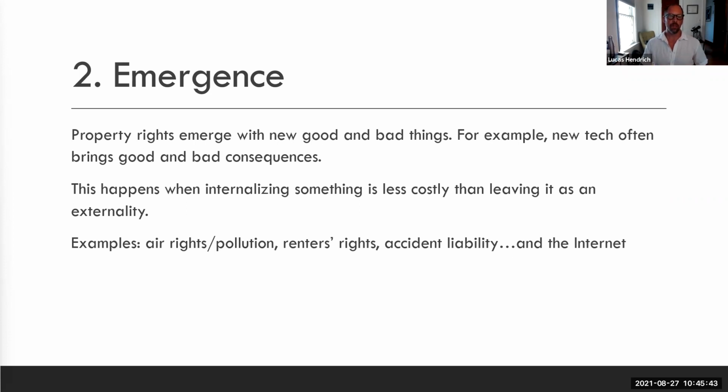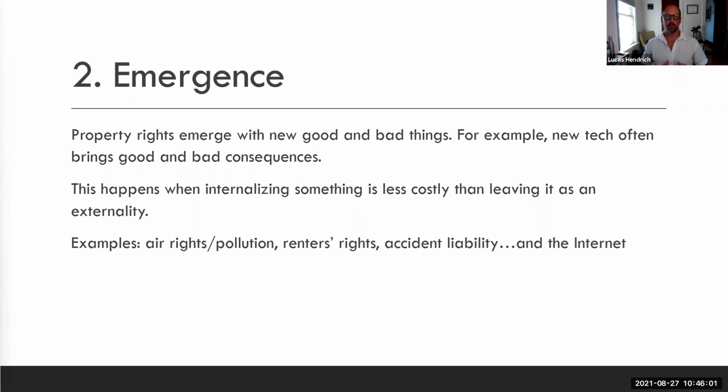So basically the externality, again, and this isn't emphasized so much by Demsetz, but I kind of like to think about it too, is both new good and bad things. But basically, when things change and there are new externalities, then these rights will emerge.